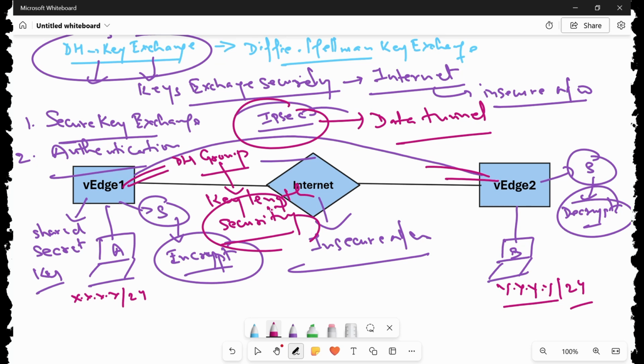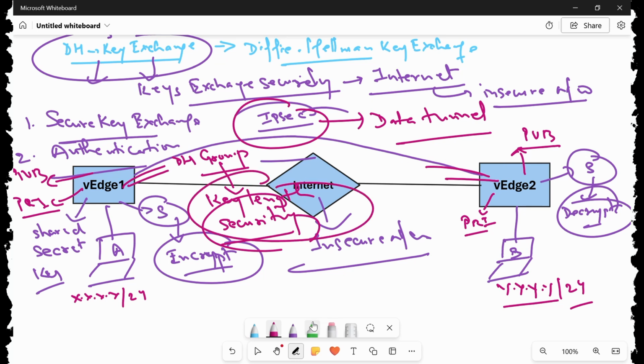Then the key exchange process will start. Each vEdge generates a private key. This one also generates a private key, and each will also generate a public key. The key generation will happen based on these parameters, which are key length and the strength of the key.